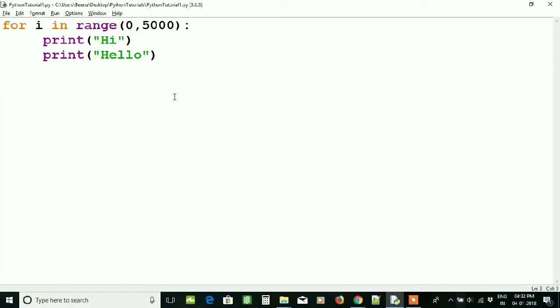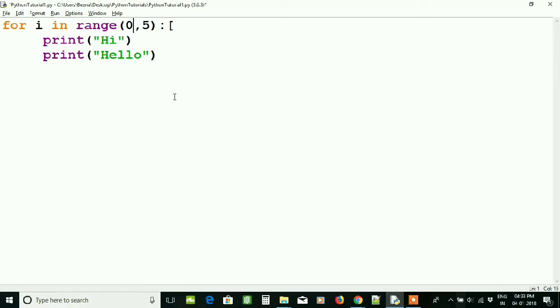Now one thing that must be noted over here is that the loop runs from 0 to 4. 5 gets excluded. Means the counter is for itself, but we are starting the counter from 0, not from 1. If we start from 1, then it must end at 6. 6 minus 1, 5. That is the range.